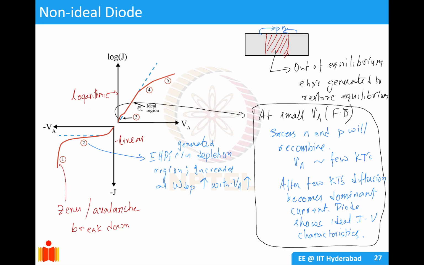For forward bias, for very small forward bias voltage, the excess electrons and holes will recombine.